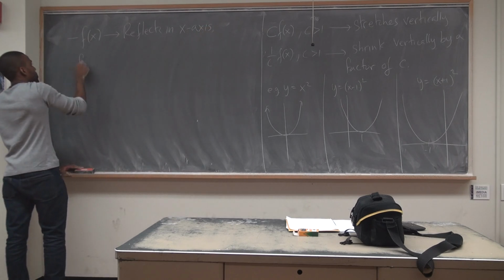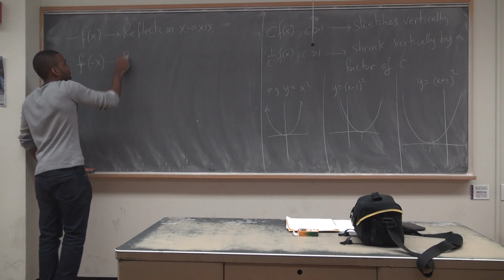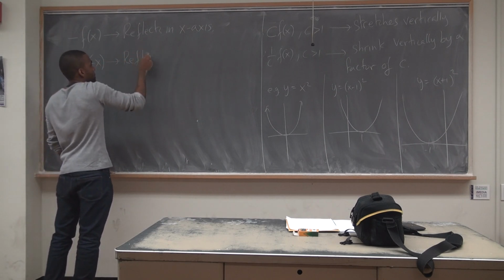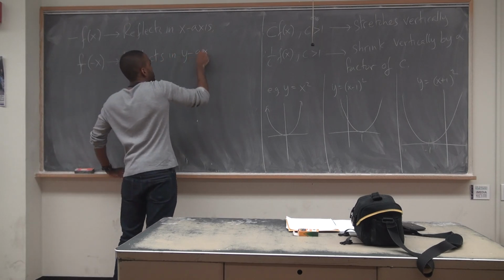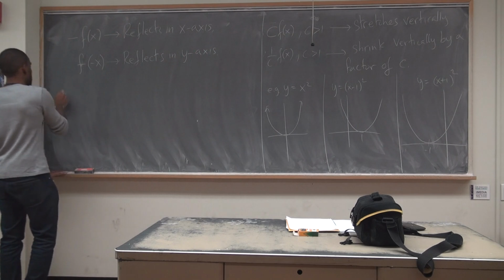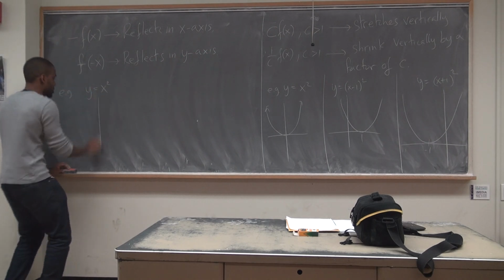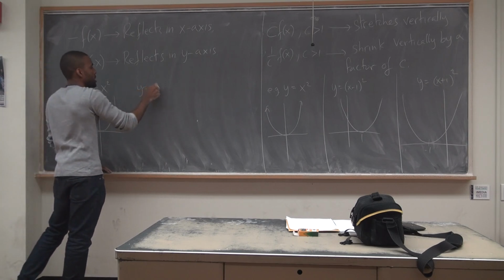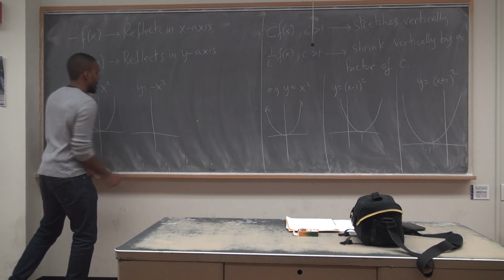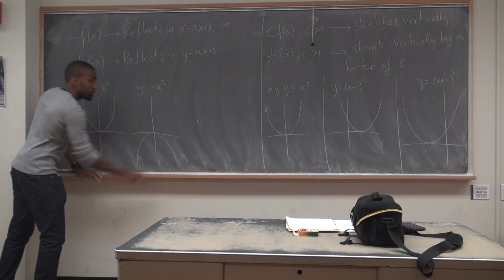If you take f of minus x, this reflects in the y-axis. Example, let's say I have y equals x squared. I know that that's that guy. If I look at y equals minus x squared, what I actually do is reflect in the x-axis. I turn everything upside down.